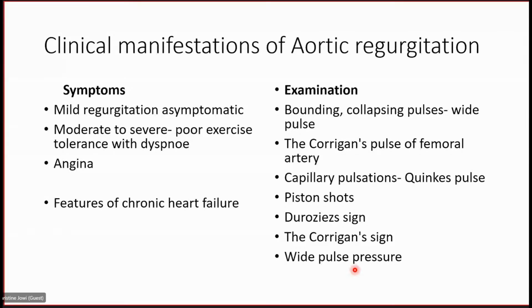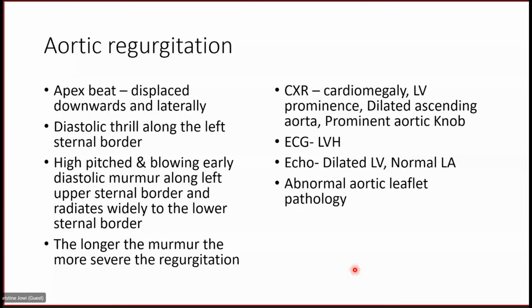The apex beat really now is displaced. A lot of blood gets back to the left ventricle. The left ventricle struggles, so it has to dilate, it has to hypertrophy. So the apex beat, which is a feature of the left ventricle, is displaced downwards and laterally.